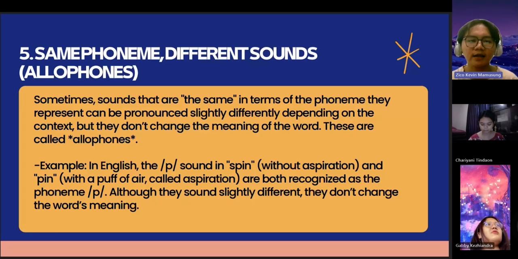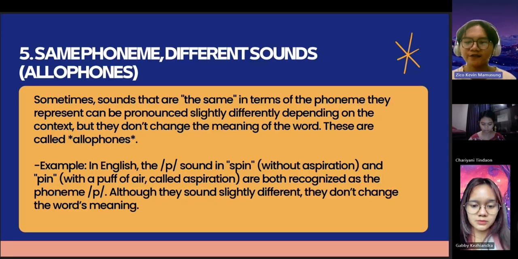For example, in English, the P sound in spin, without aspiration, and in pin, with a puff of air called aspiration, are both recognized as the phoneme P. Although they sound slightly different, they don't change the word's meaning. Next, Chacha.